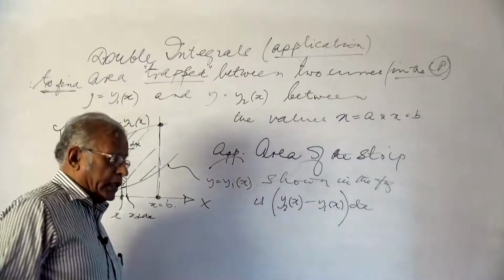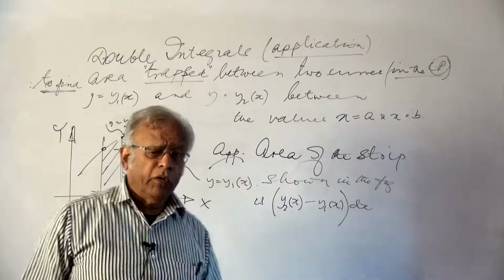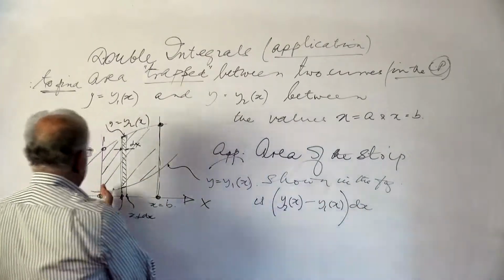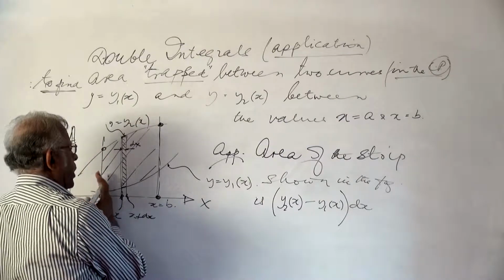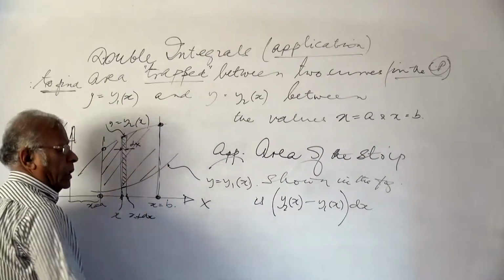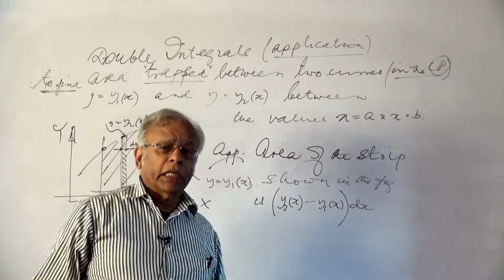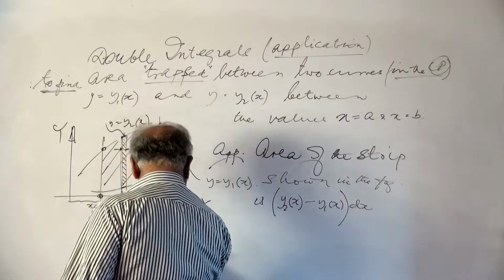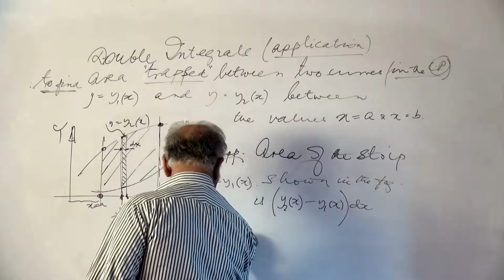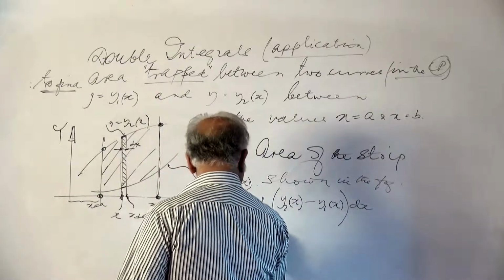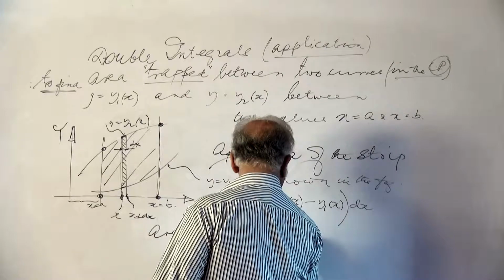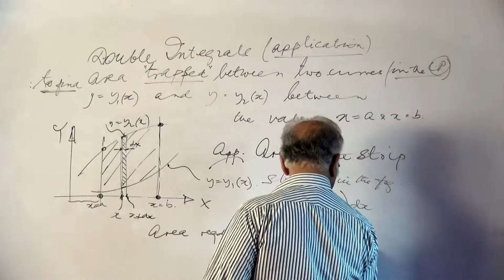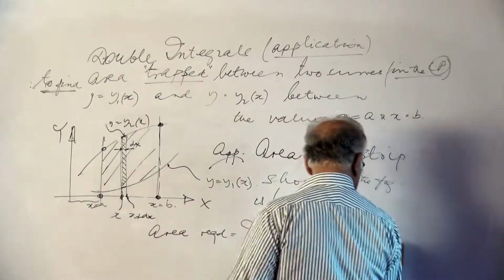Now, it is easy to imagine that the total area that we are looking for is the sum of such an expression starting from the leftmost value of x and going all the way up to the rightmost value of x. That is what we call integration. So this area required is the infinite summation of such strips.